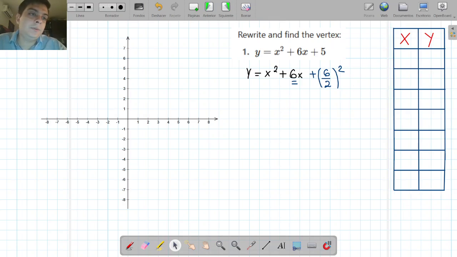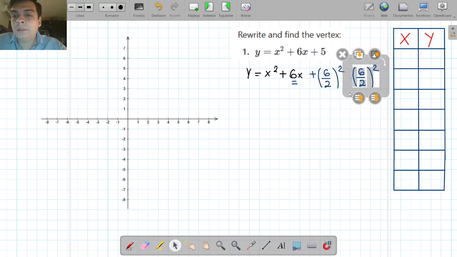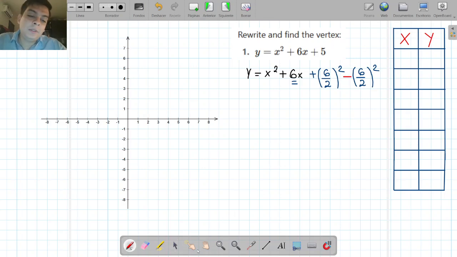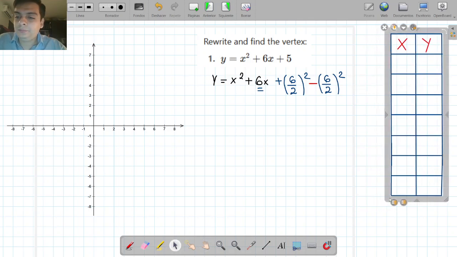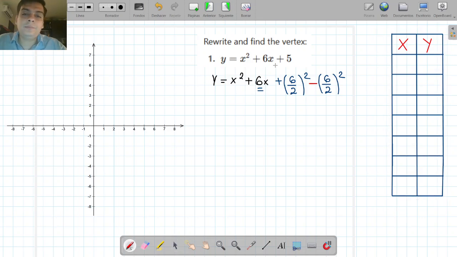Now, what do we have to do next? We are going to copy the same number, but we are going to subtract it. And then the only thing we are going to do is take the plus 5 that I forgot to write here next.